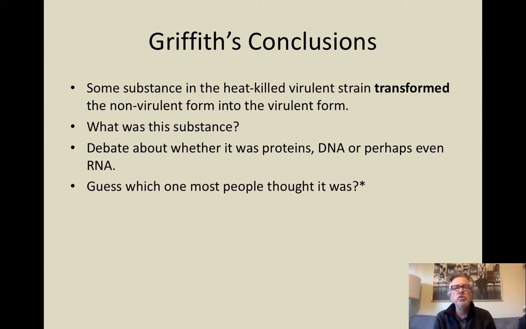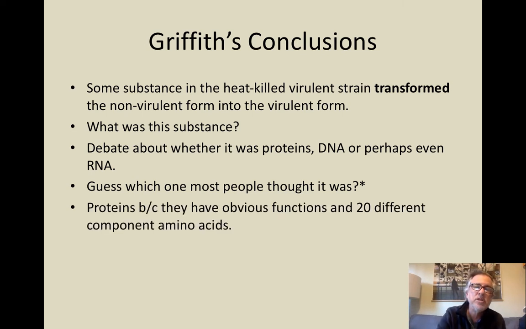Guess which one most people thought was the hereditary molecule? If you said DNA, you're 100% wrong. If you said RNA, you're also wrong. Most people thought it was proteins. And why did most people think it's proteins? Because proteins have obvious functions in the body, and at that point, there was no known function for DNA.